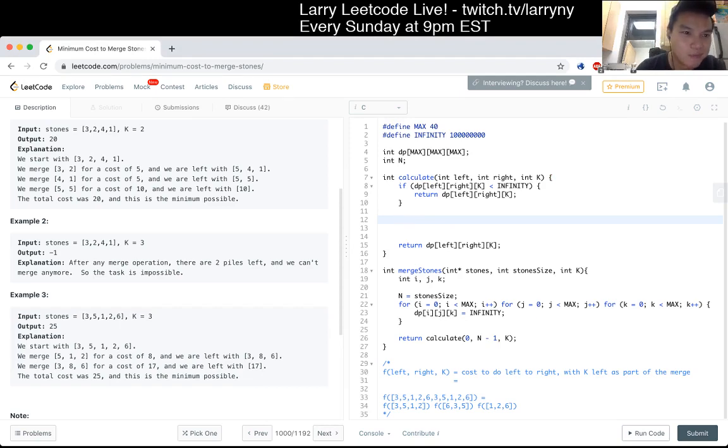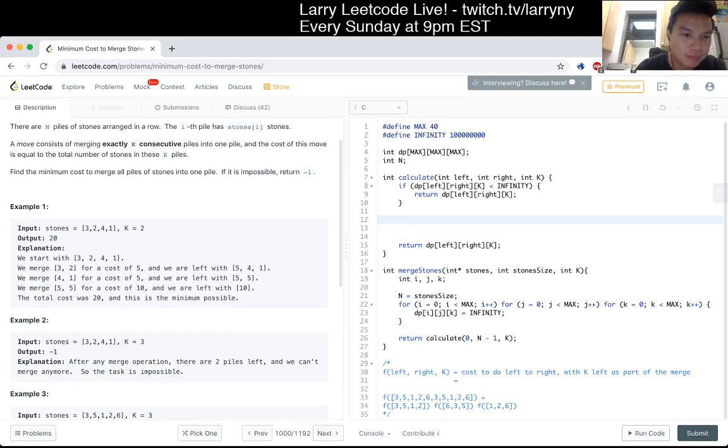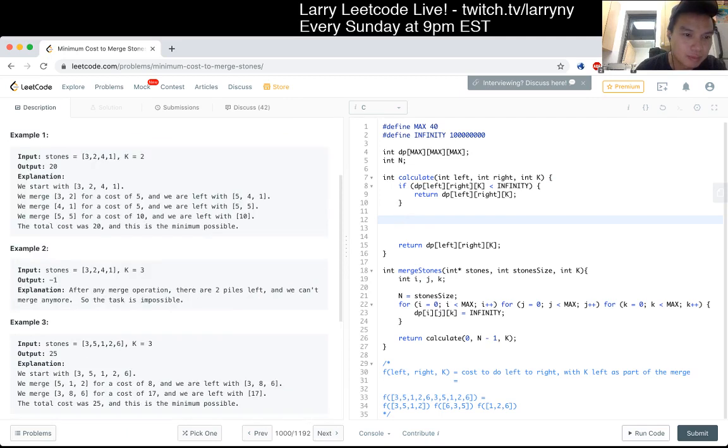We're going to merge this. That's fine. I'm still thinking too much about the partition.